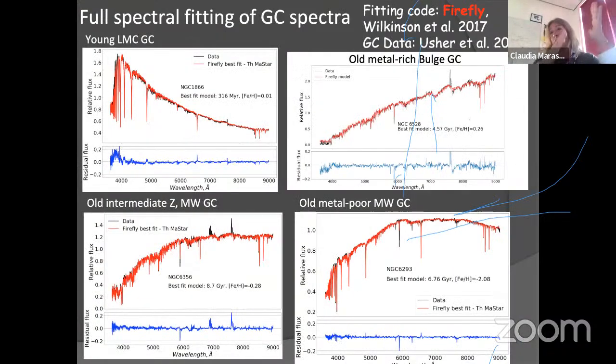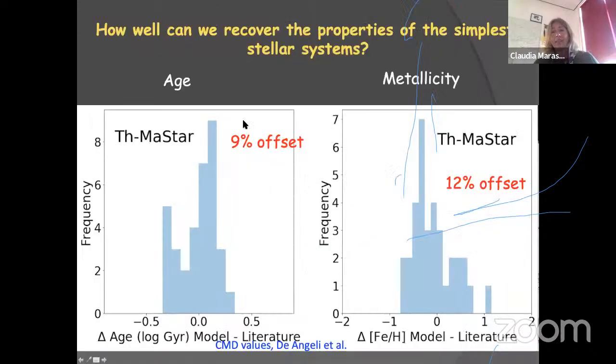And then essentially you compare them. And you get a histogram like this, in which I put on the x-axis the difference between the age derived from the models and the age determined from the resolved stars, which you can only do in the Milky Way. And the closer they are to zero, the better your model behaves. And I can tell you from experience, a 9% offset is quite good in the field.